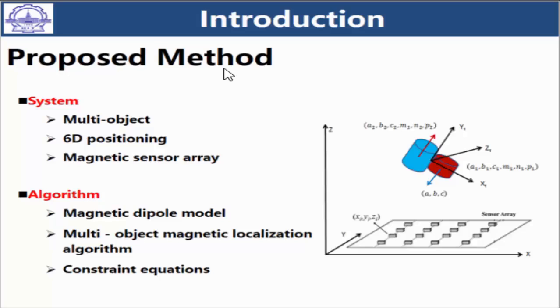We use the multi-object tracking method to obtain the position and orientation of each magnet, and then use constraint equations to further optimize it, and finally we can have the 6D position and orientation information based on the relationship between these two magnets. Also, we use the magnetic sensor array to sample the magnetic fields.